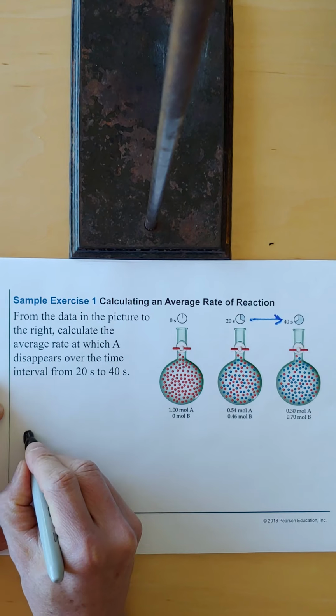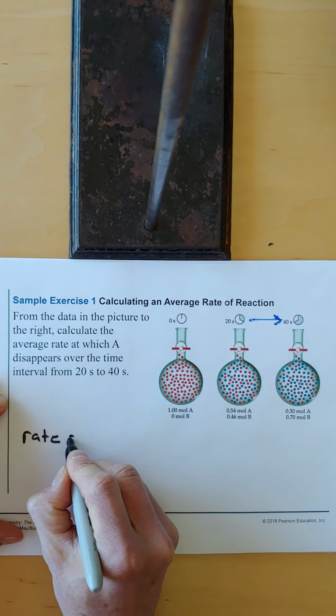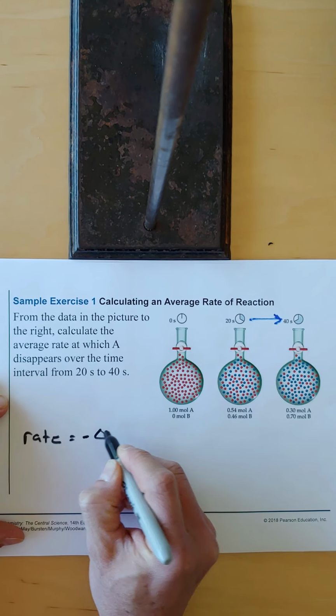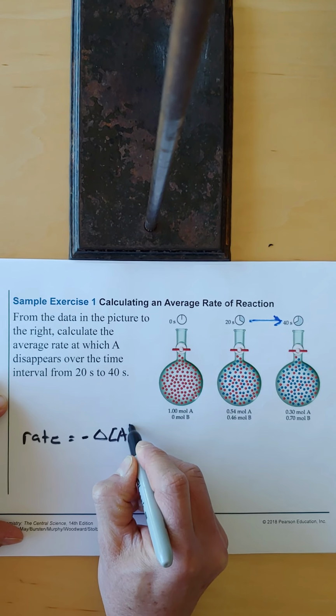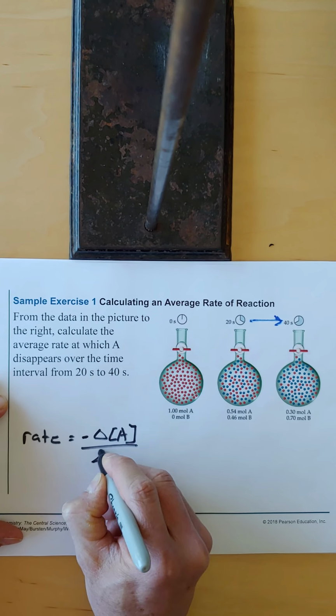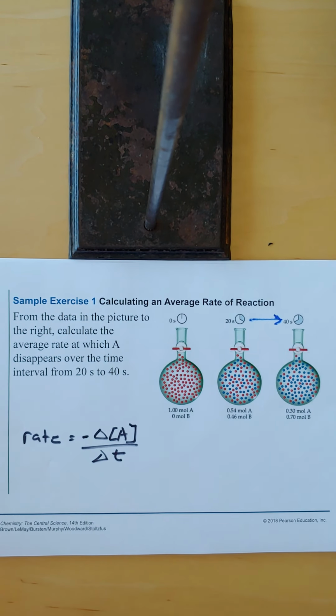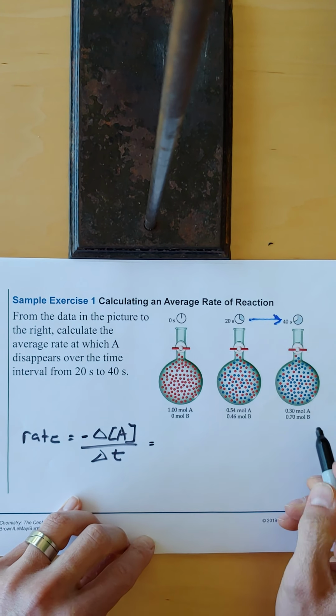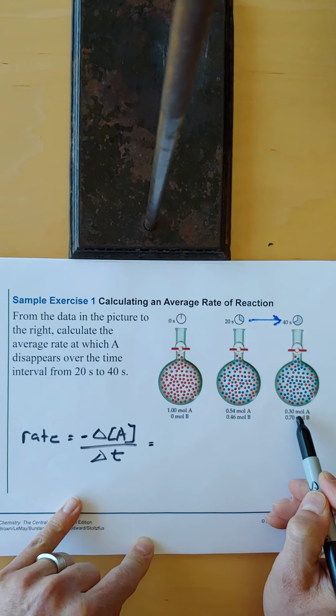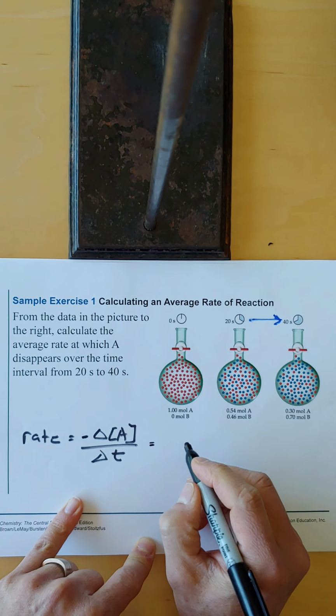We can say that the rate is equal to negative change in the concentration of A over the change in time. And we say negative because A is going away, A is disappearing. When we look at the change in concentration, it's going to be the final concentration minus the initial.